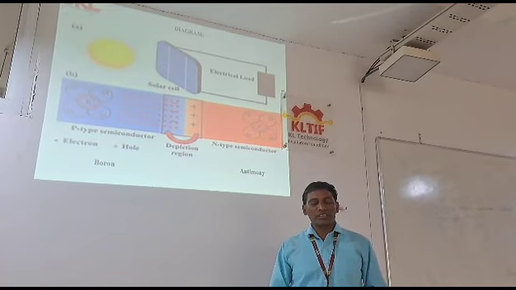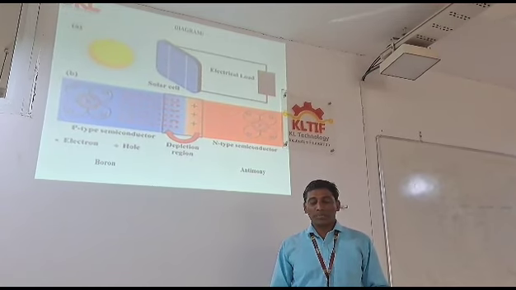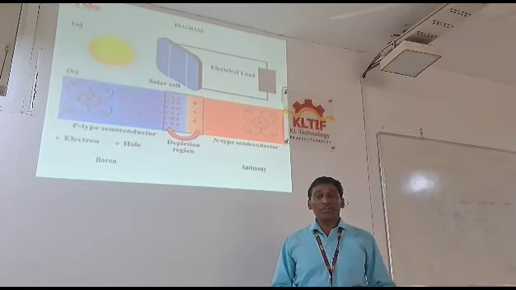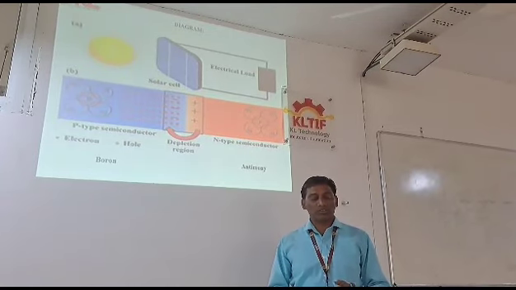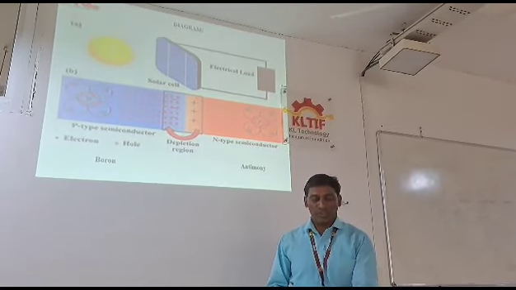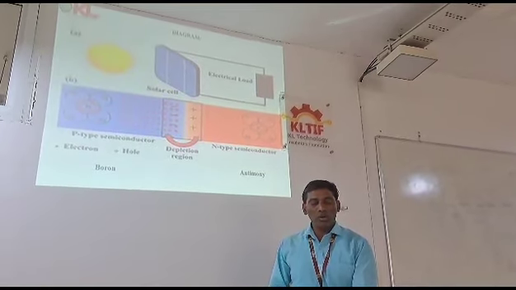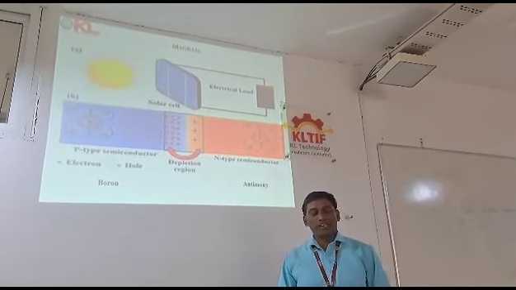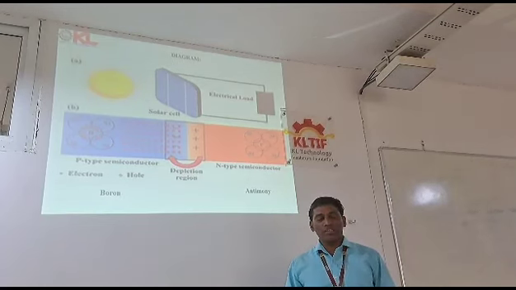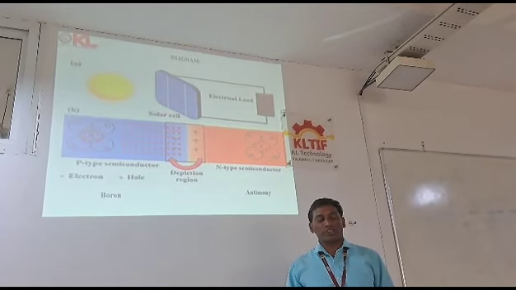The free electrons in the depletion region can quickly come to the N-type side of the junction. Similarly, the holes in the depletion region can quickly come to the P-type side of the junction.